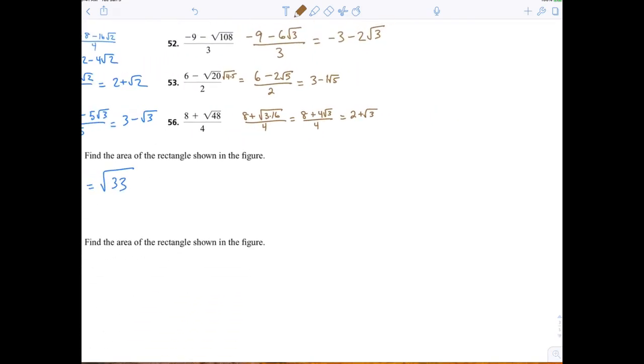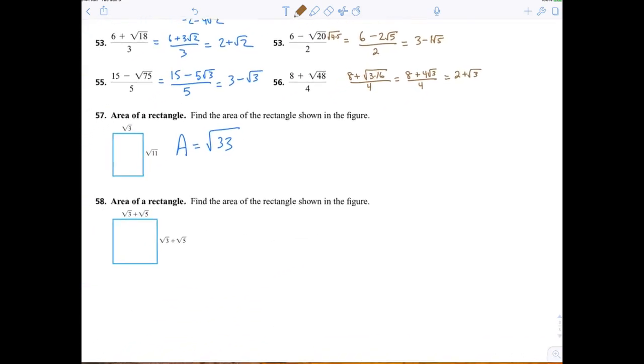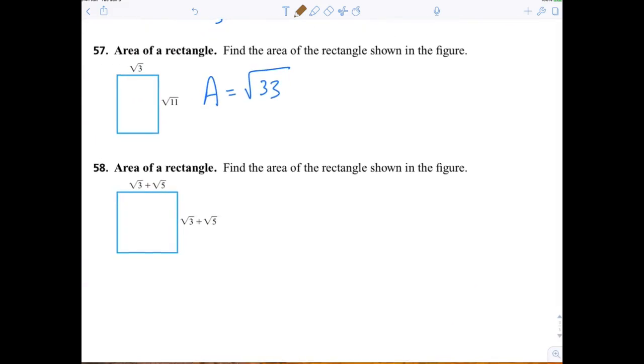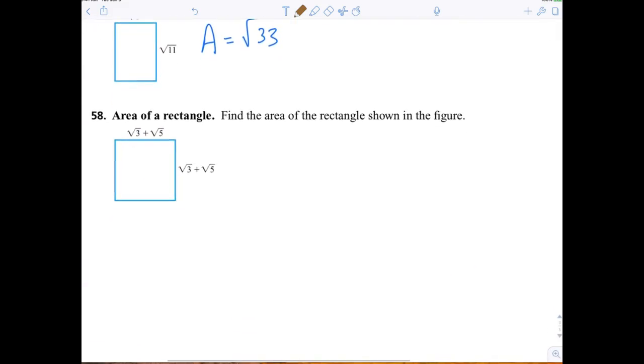Now yesterday we did perimeter, so today we're going to do area. So we're going to multiply length times width. So area is equal to square root of 3 plus the square root of 5 times the square root of 3 plus the square root of 5.